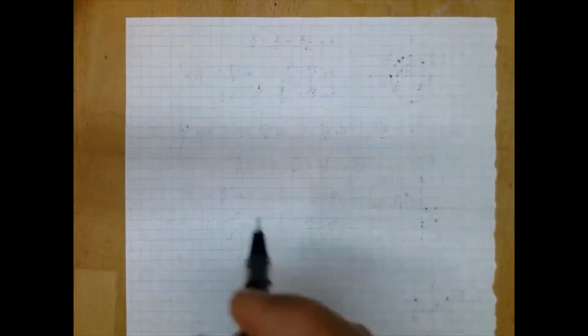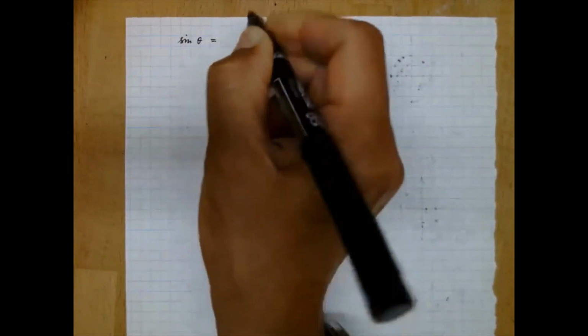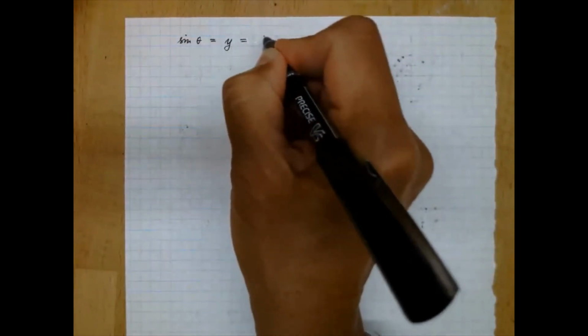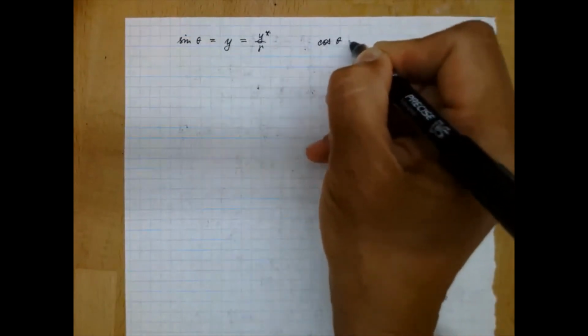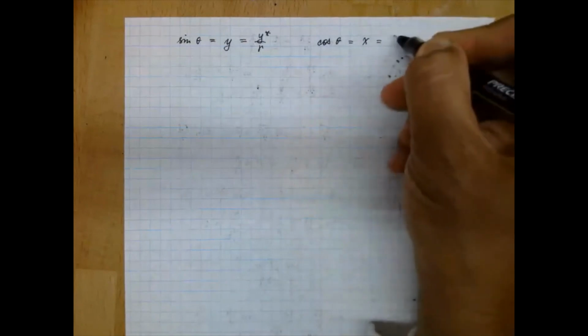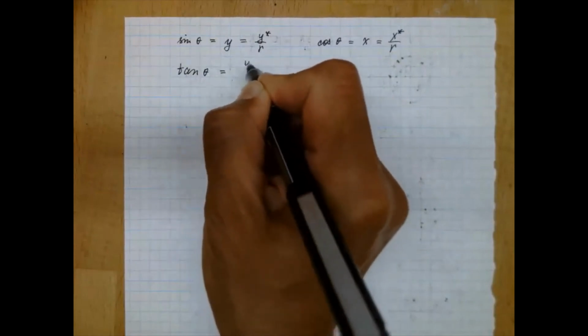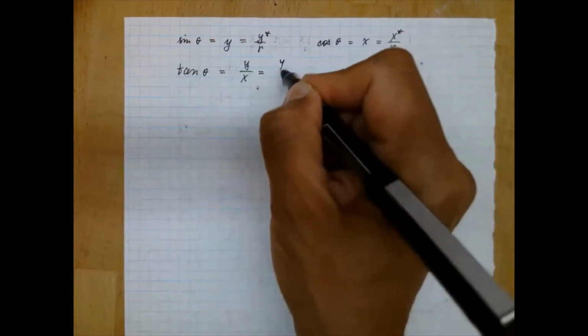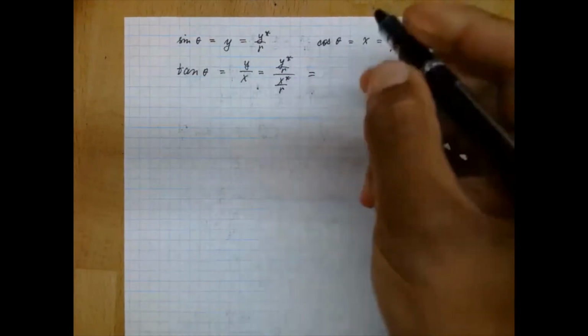I'm going to turn the page. We have just a little bit more to finish. So what do we have? Sine of theta, which is y in our case, is going to be y with a star over r. Cosine of theta, which is x, is going to be x with a star over r, and tangent of theta is going to be y over x, or y with a star over r, over x with a star over r.